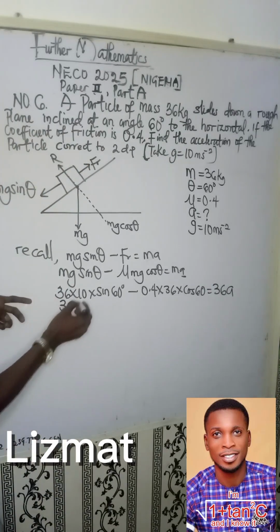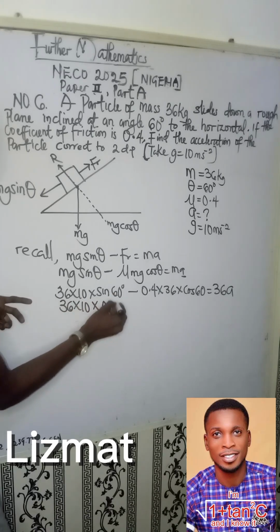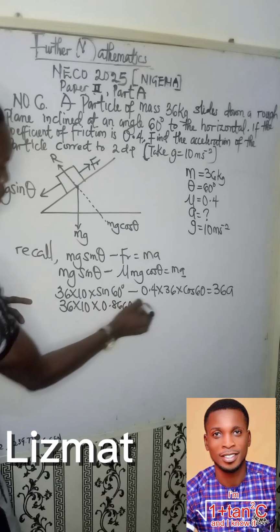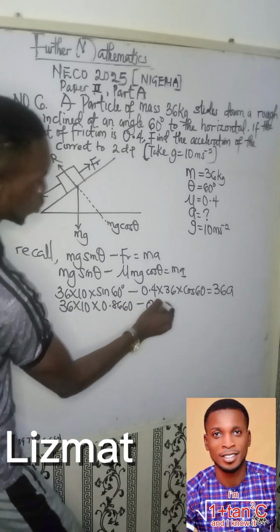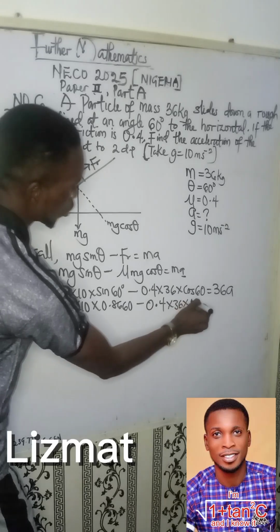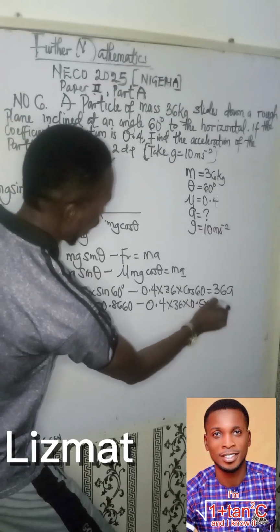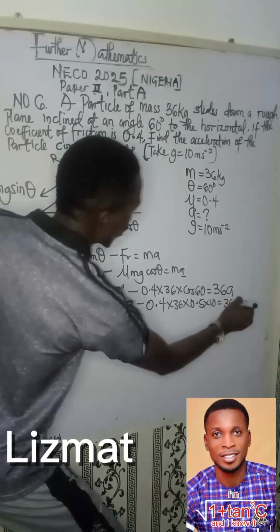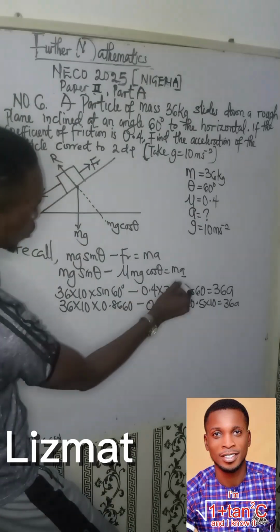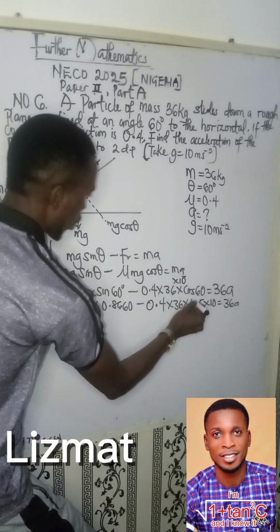So I'm going to have 36 times 10 times sin 60, which is 0.8660, minus 0.4 multiplied by 36 multiplied by cos 60, which is 0.5, times g. I forgot to include g, so there's supposed to be g here, multiplied by 10.